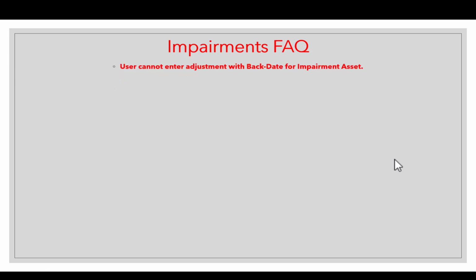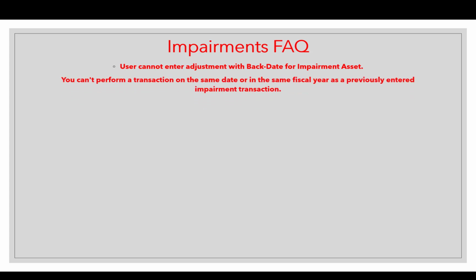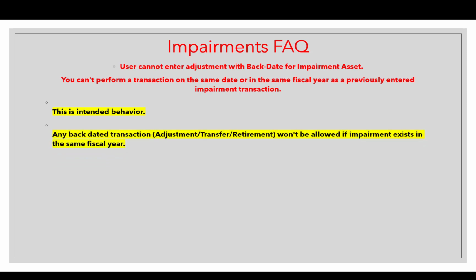User cannot enter adjustment with backdate of impairment assets. You cannot perform transactions on the same date or in the same fiscal years as previously entered impairment transactions. This is intended behavior: any backdated transaction like adjustment, transfer, retirement won't be allowed if impairment exists in the same fiscal year.